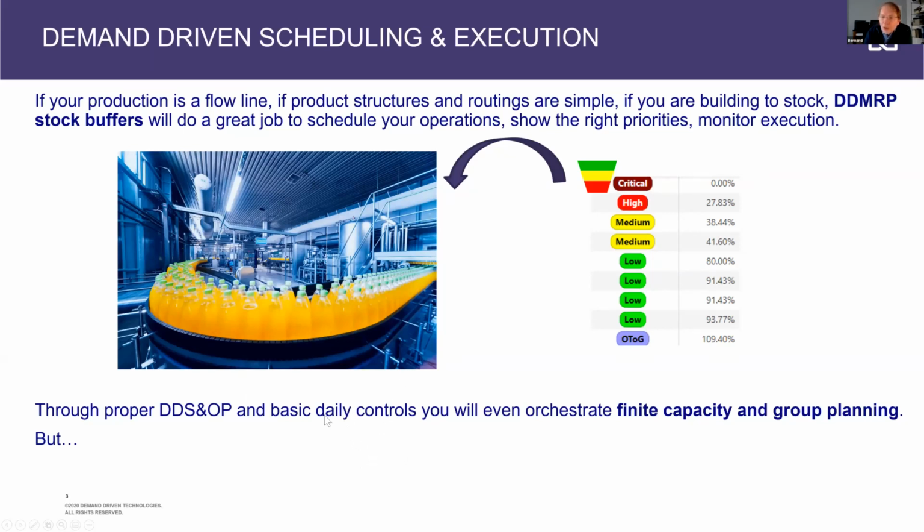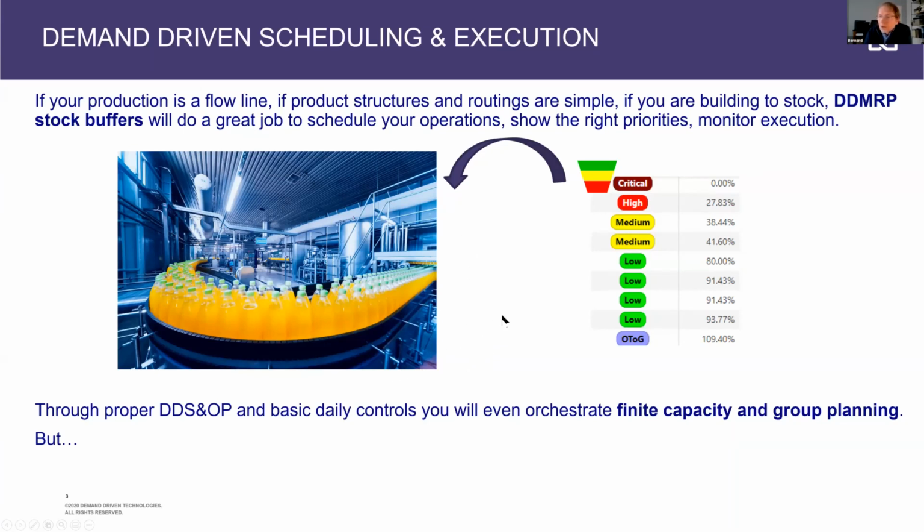Typically, if you have simple operations, and I'm taking the example of a bottling operation, which is a flow line, you would just benefit from stock buffers and clear prioritization with critical, high, medium, low priorities in order to schedule your production and take into account your campaigns.